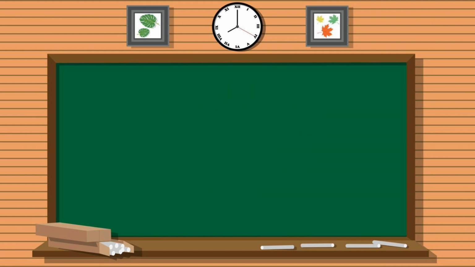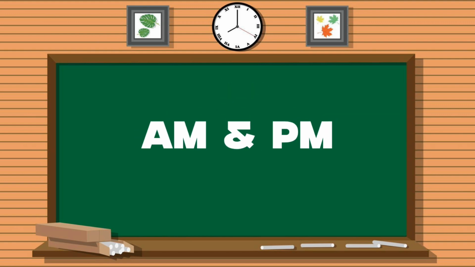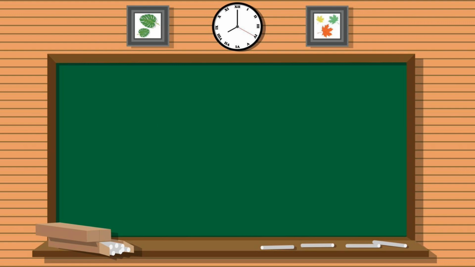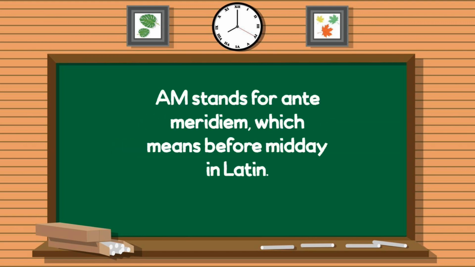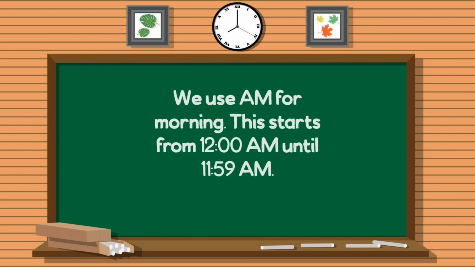Let us now move on to AM and PM. AM and PM are used to represent the time of the day. AM stands for ante meridiem, which means before midday in Latin. We use AM for morning.